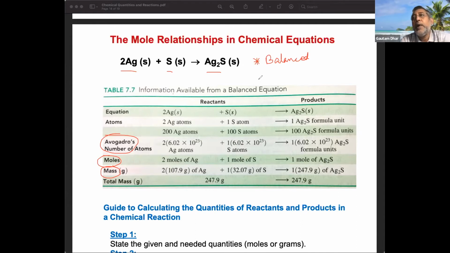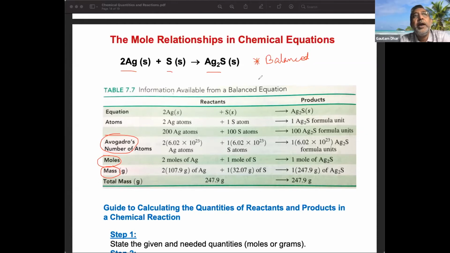It tells me that two atoms of silver react with one atom of sulfur to give one molecule, or one formula unit, because this is an ionic compound. In the case of an ionic compound, there is not really a molecule because ions just come together by attraction, so we say formula unit. It gives one formula unit of Ag2S.